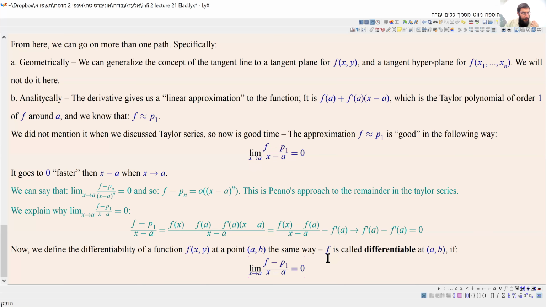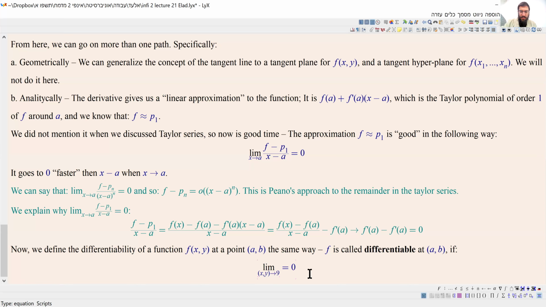But what is the limit here? First of all, (x,y) goes to (a,b). Each point has two coordinates. And secondly, the polynomial of order 1 is pretty intuitive: it's the value at the point, plus the derivative by x multiplied by x minus a, plus the derivative by y multiplied by y minus b.